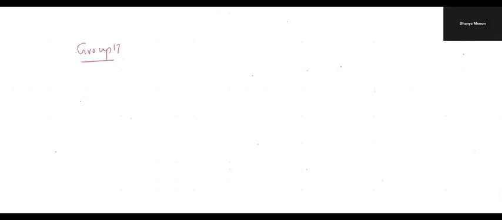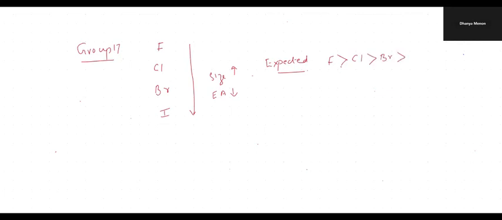Many questions come from group 17. If I have fluorine, chlorine, bromine, iodine, the normal explanation, coming down the group, what is happening to the size? Size is increasing, electron affinity decreases down the group, right? So the expected order is fluorine, electron affinity more than chlorine, more than bromine, more than iodine.